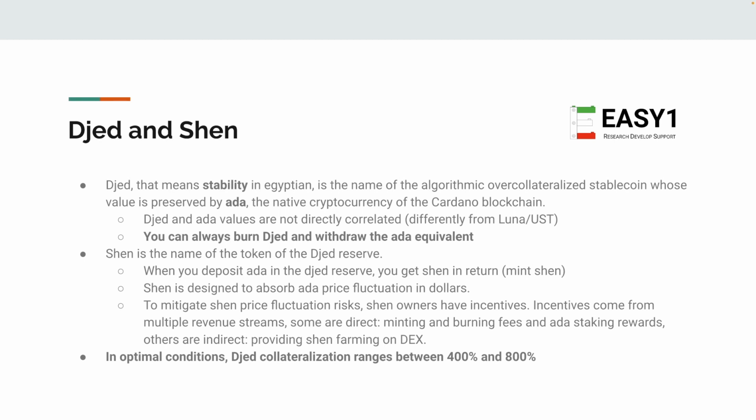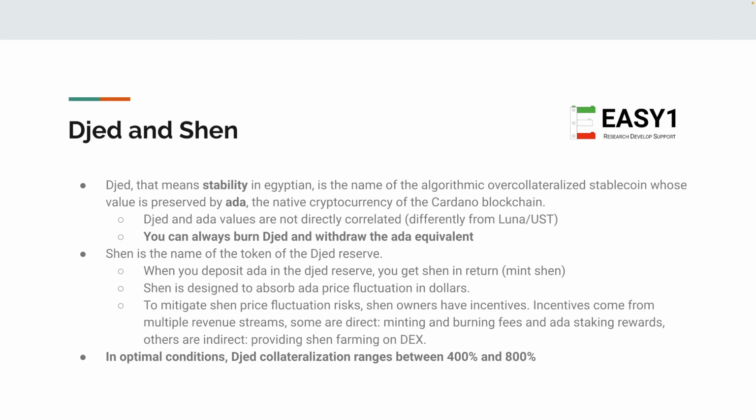But again, because of at least 4 times the collateralization, we should still, in many circumstances, keep the peg between Djed and the actual dollar. Because of the at least 400% collateral, the value of ADA can drop in a few minutes by 75% and the peg is still maintained.